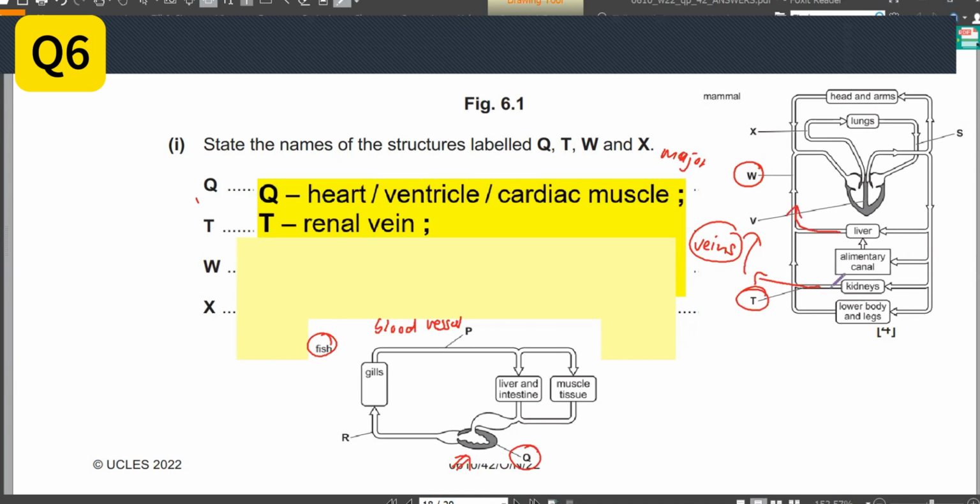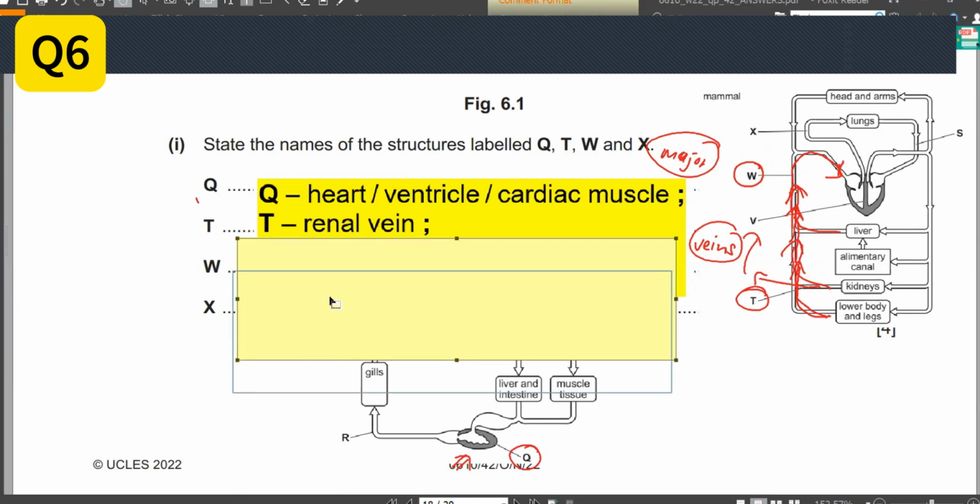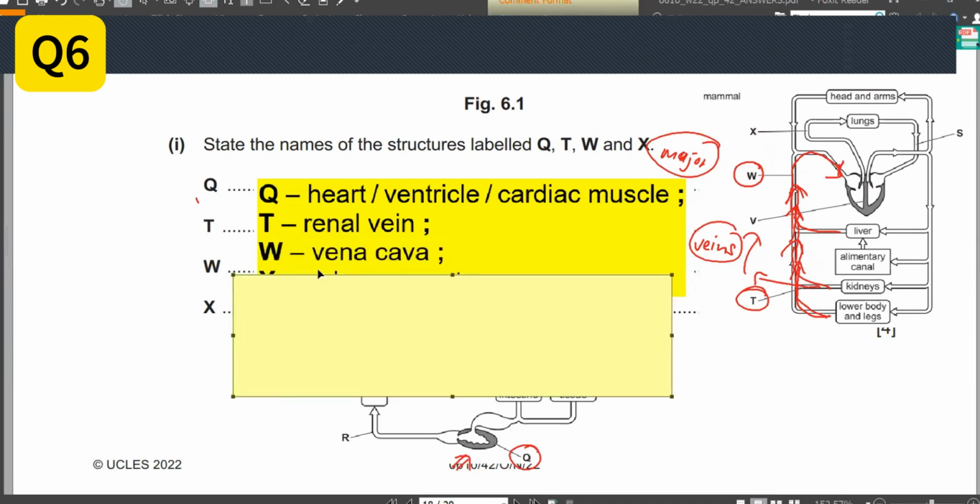The veins from all of the body parts combine together when coming back towards the heart, and become a large major blood vessel that returns back to the heart. This blood vessel has a specific name: it is the vena cava.